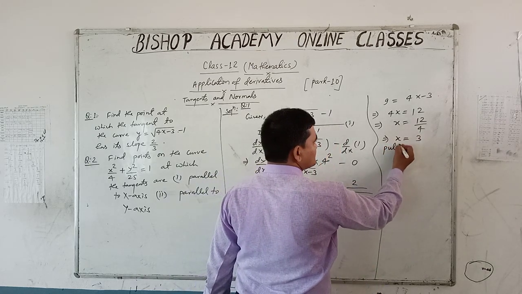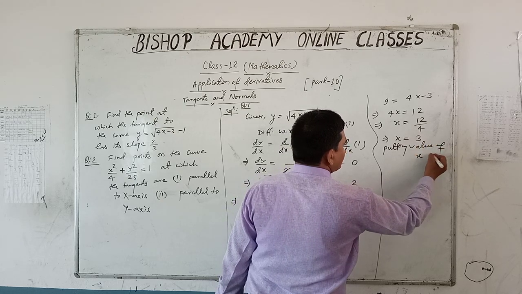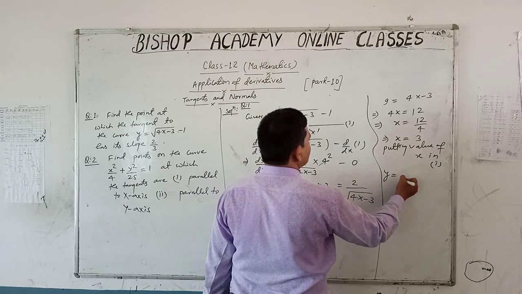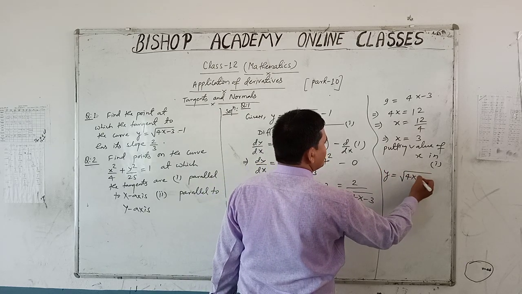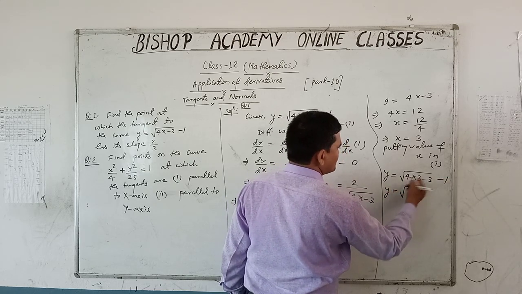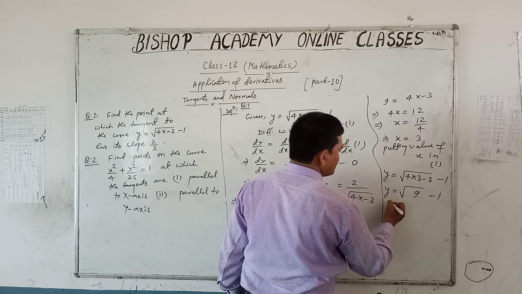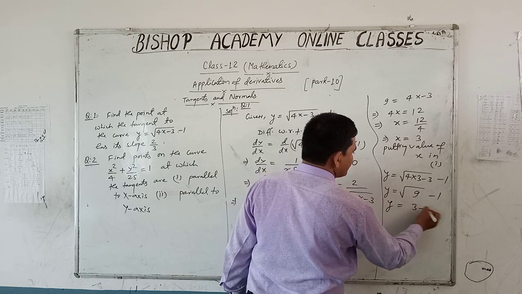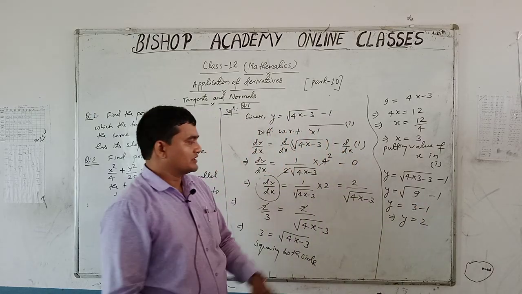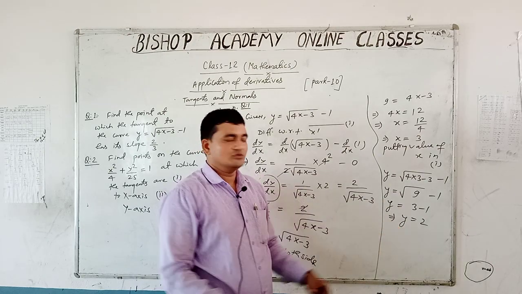Putting the value of x in equation number first, we get y equal to root of (4 into 3 minus 3) minus 1. y equals root of (12 minus 3), that is root 9, minus 1. y equals 3 minus 1, so y equals 2. Here we get x equal to 3 and y equal to 2.